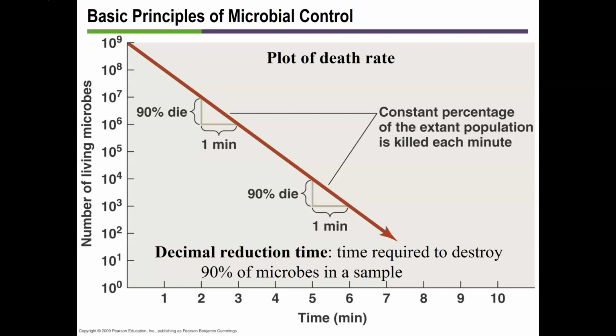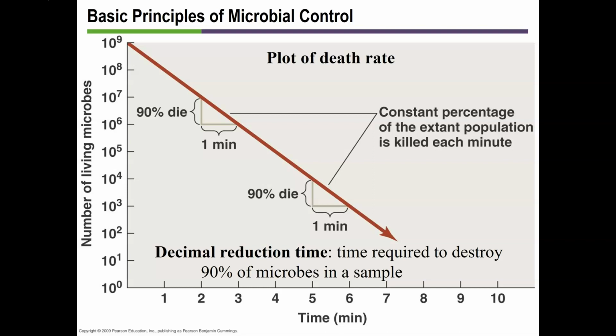The 10 to the 7th is present right there at the 2-minute mark. And the 10 to the 6th population is here at the 3-minute mark. That means it took 1 minute at this particular temperature to get rid of 90% or 1 log of the organism.